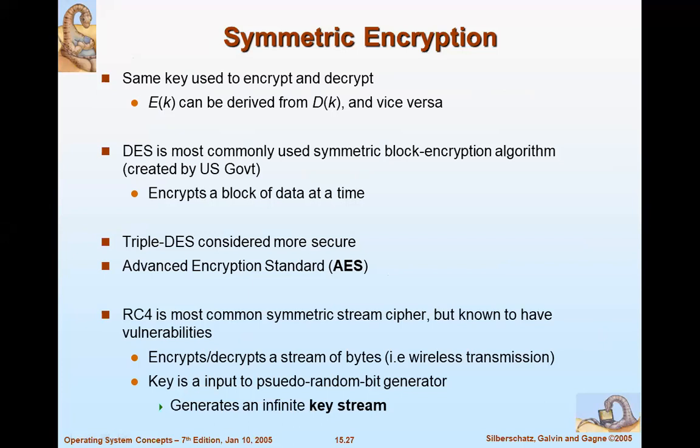That's why I explained what block encryption and stream encryption are. RC4 is the most common symmetric stream cipher, but known to have vulnerabilities as well. I hope you know what a block cipher and a stream cipher are. It encrypts and decrypts a stream of bytes, like in wireless communication. The key is an input to a pseudo-random bit generator, and it generates an infinite key stream as well.